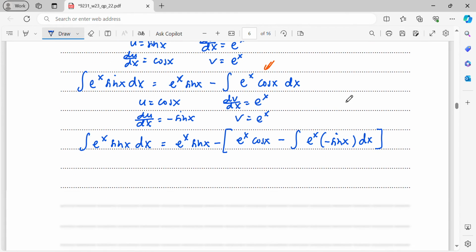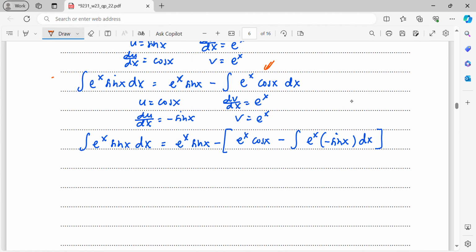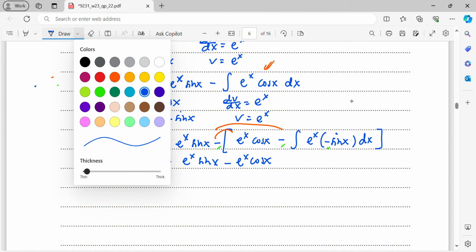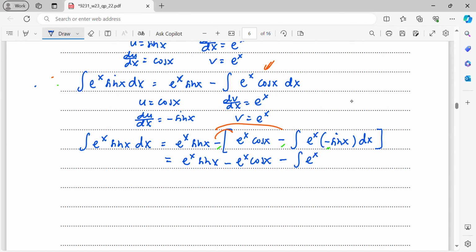And then since there is a minus, I will bring in this minus. Then here I will be getting e^x sin x minus e^x cos x. When you consider all these minuses, minus times minus is a plus, then times another minus is minus. So I will write minus integrate e^x sin x dx.